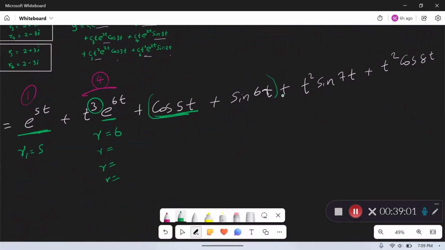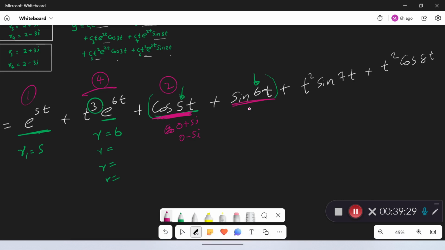Therefore, since the value in here is different to the value in here, we should get some complex number for this one and another complex number for this one. Basically, what you have is 0 plus 5i and 0 minus 5i corresponding to this term, that's 2 terms, and 0 minus 6i, 0 plus 6i corresponds to this term.